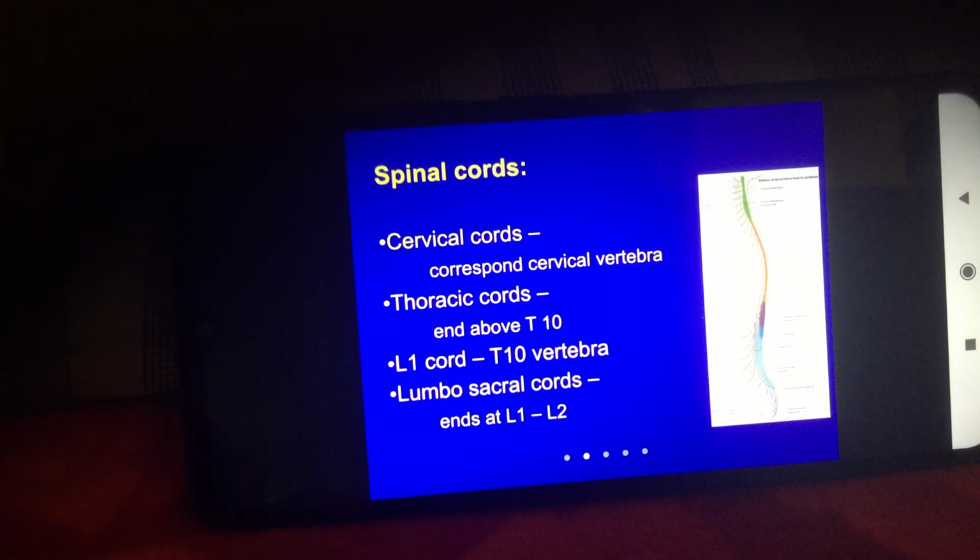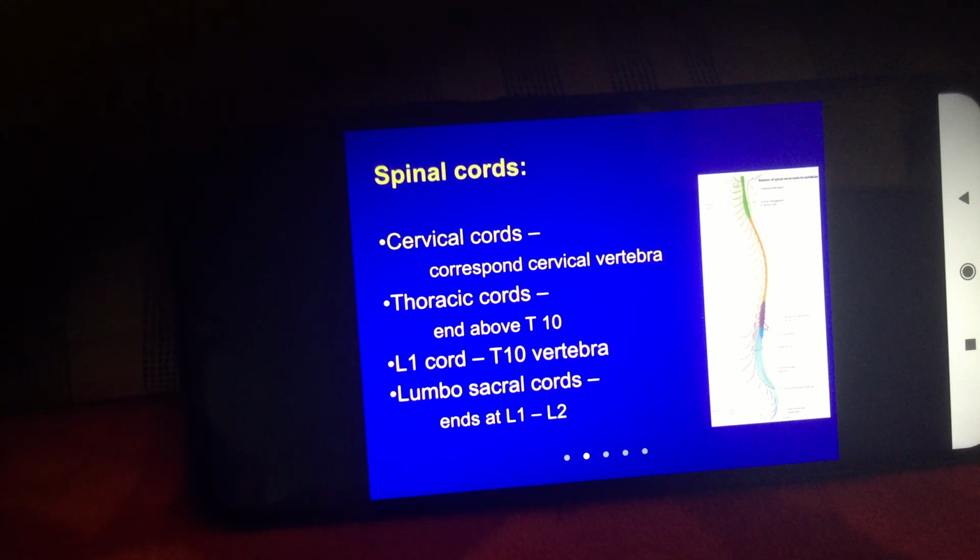And if you consider the neural elements inside the spine, there is the spinal cord. The length of the spine is larger than the length of the spinal cord. That's why this whole is the length of the spine, but the spinal cord ends here.